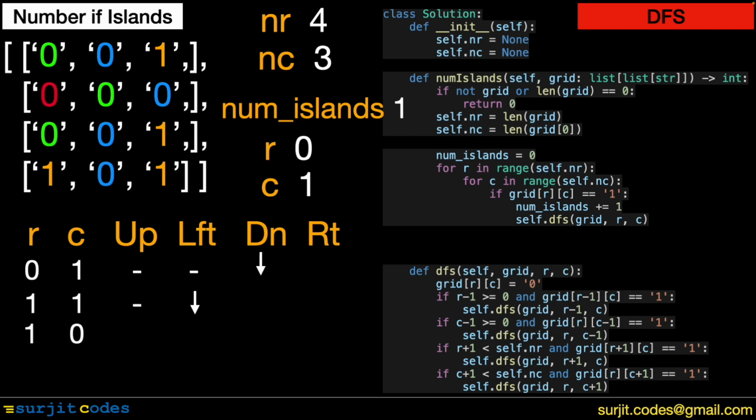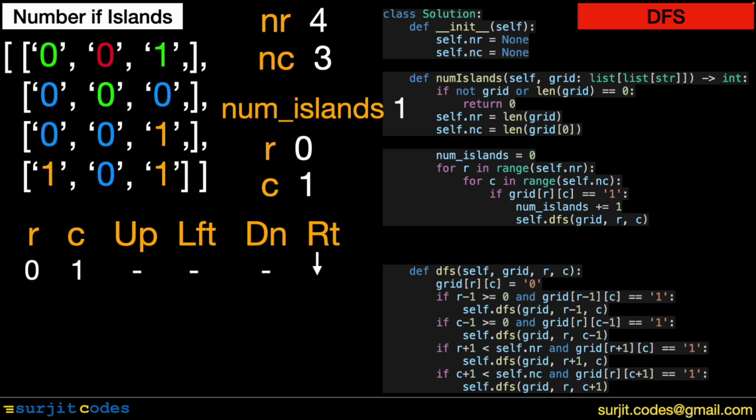It is replaced with 0. All its neighbors are either not present or 0, so all the 4 if statements are skipped, and we come back to the previous call. Processing of the down and right cells of 1 1 is pending. Both of them are 0, so this call is also finished.